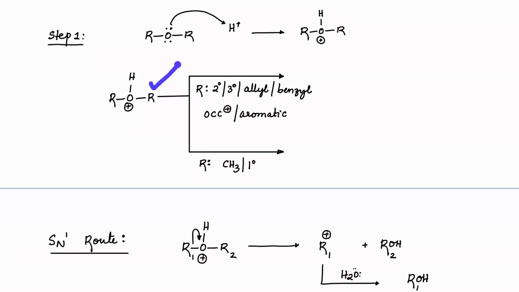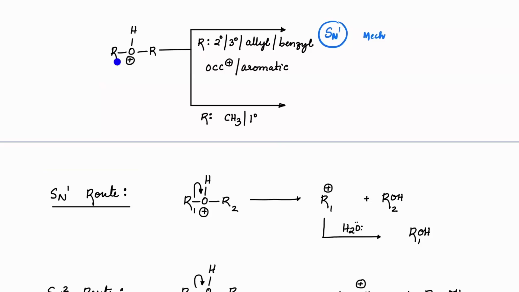Suppose any one of these R groups is either 2 degree, 3 degree, allyl, benzyl, or if it is octet completed case or aromatic case, if it is becoming an aromatic carbocation, any of these carbocations, if it is able to form, then the reaction will drive via SN1 mechanism, which means carbocation will form first and then water will attack.